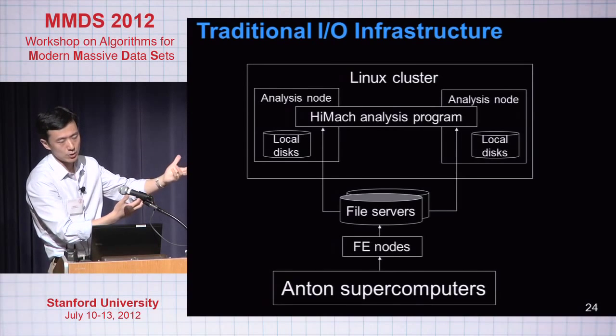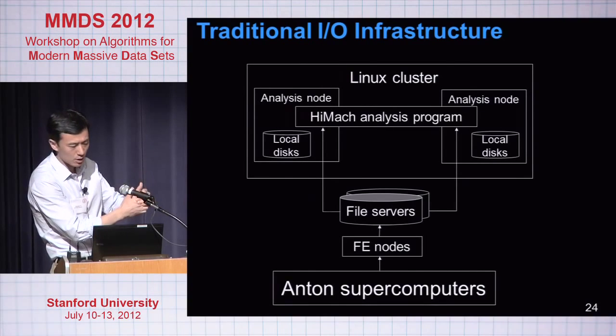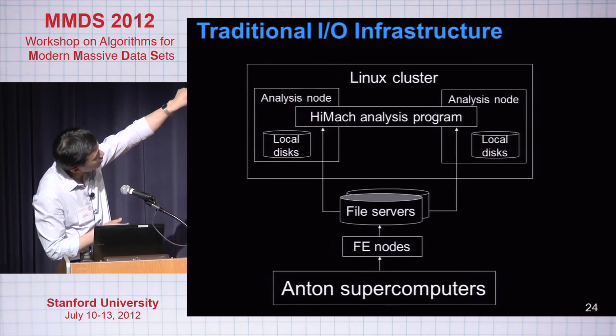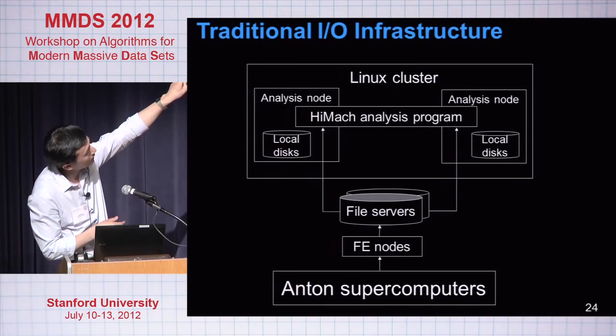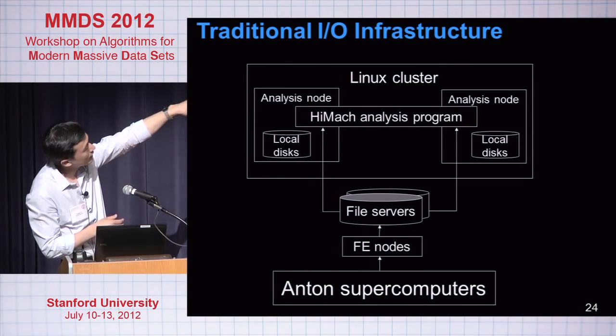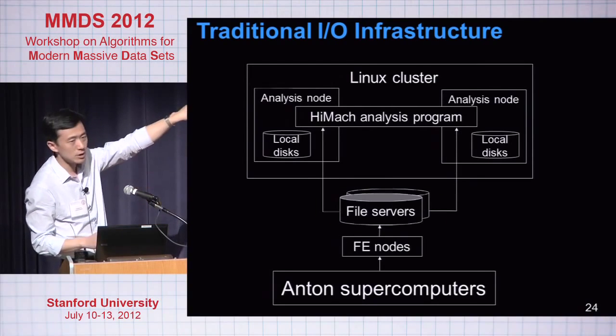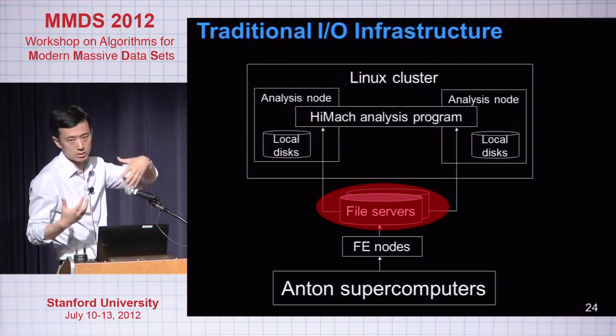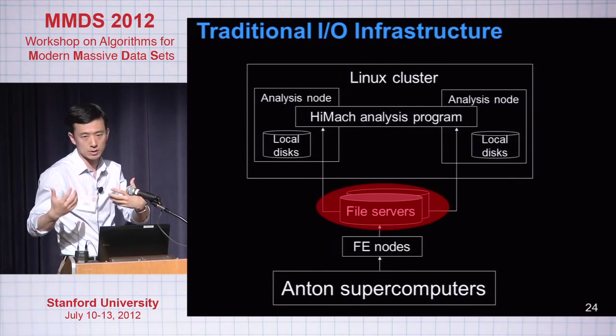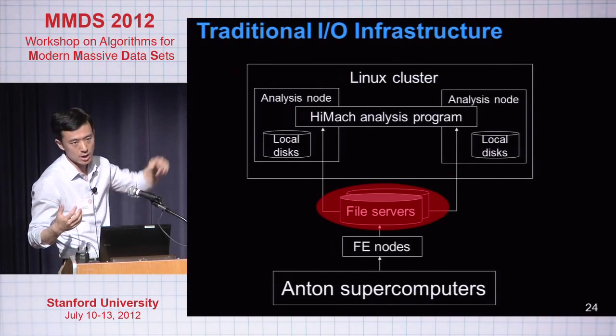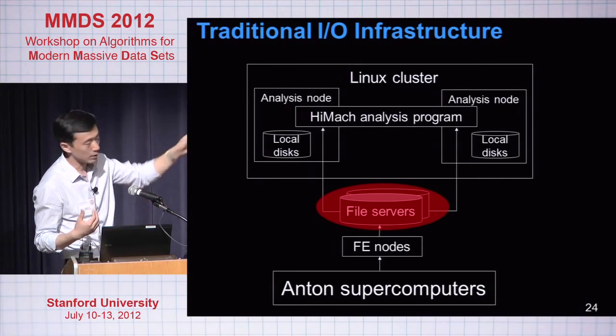In our case, we use enterprise-level NFS servers. And then you run your analysis on a Linux cluster where the analysis node will read the data from the file server. So this could easily become the bottleneck because it's both servicing the read requests from the analysis nodes and servicing the write requests from the supercomputer.